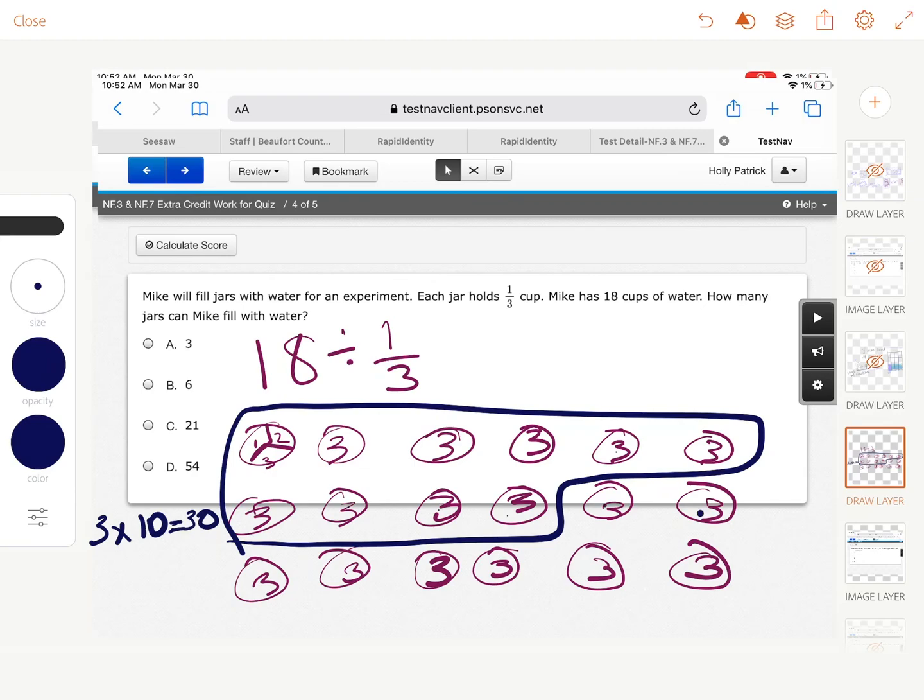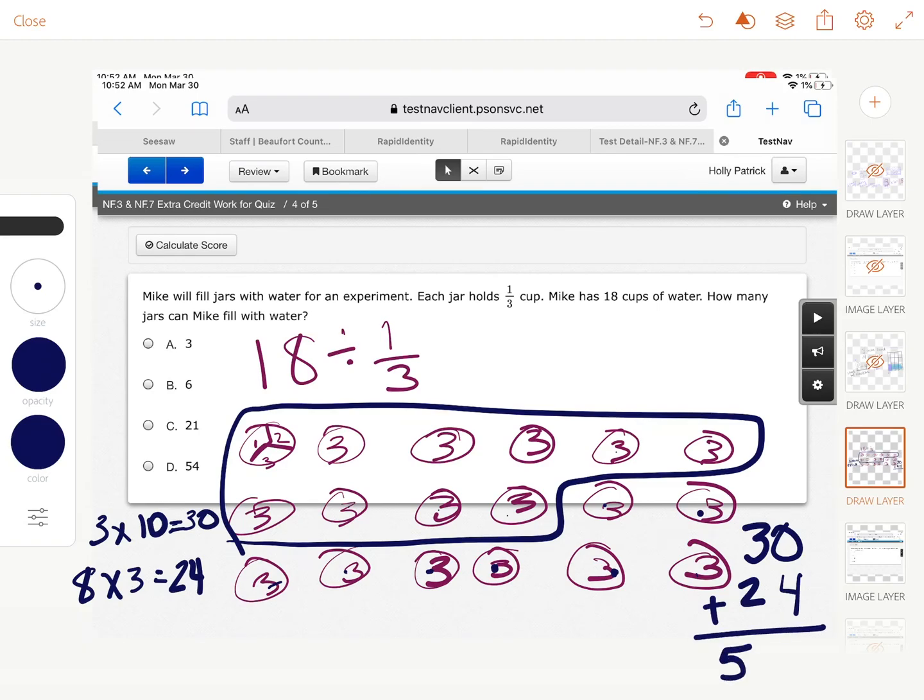And then I have 1, 2, 3, 4, 5, 6, 7, 8. I have 8 left over, with 3 jars to fill up by each, and that gives me 24. And 30 plus 24 is going to give me an answer of 54. So no matter which strategy I'm using, I'm still getting that idea that it's 54.